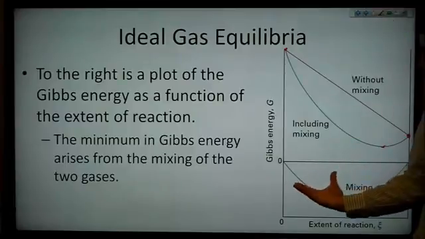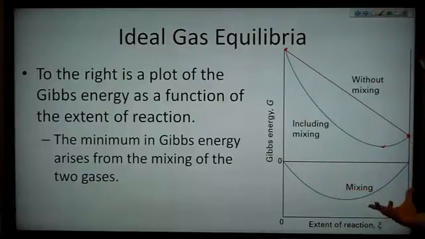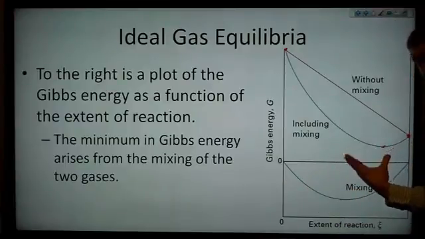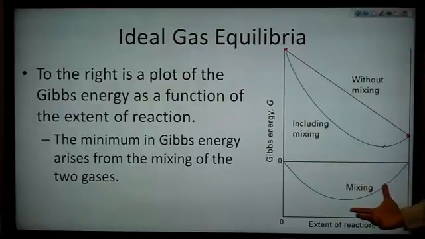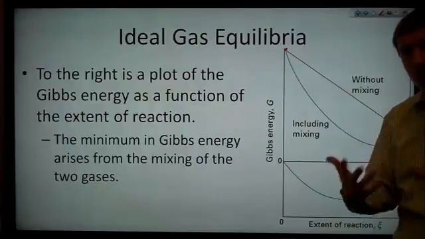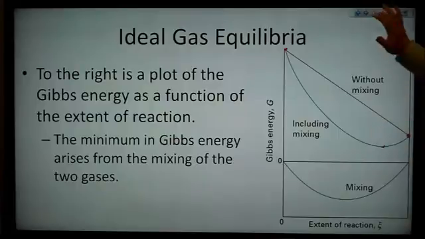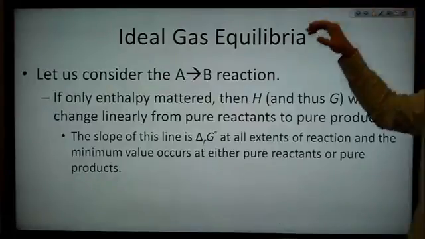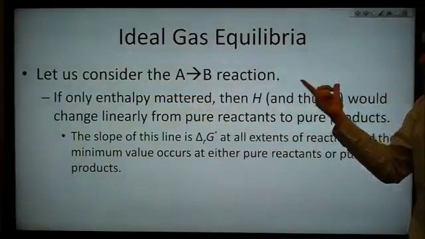And so note that this minimum in Gibbs energy is arising from the mixing of our two gases. As we mix our gases, we're increasing the entropy of our system. So again, let's look at our A goes to B reaction.